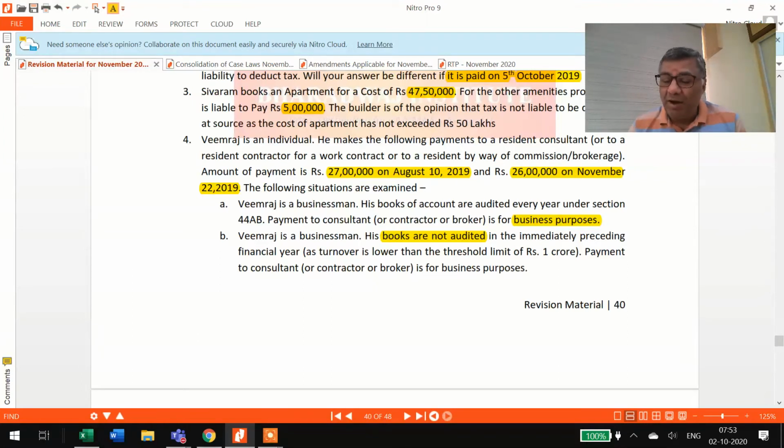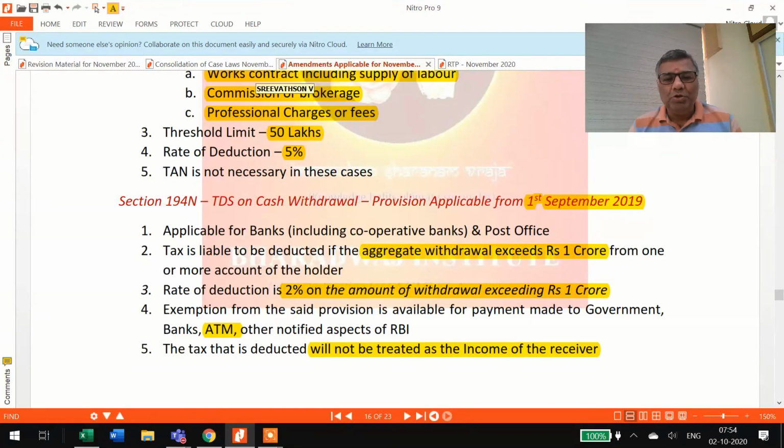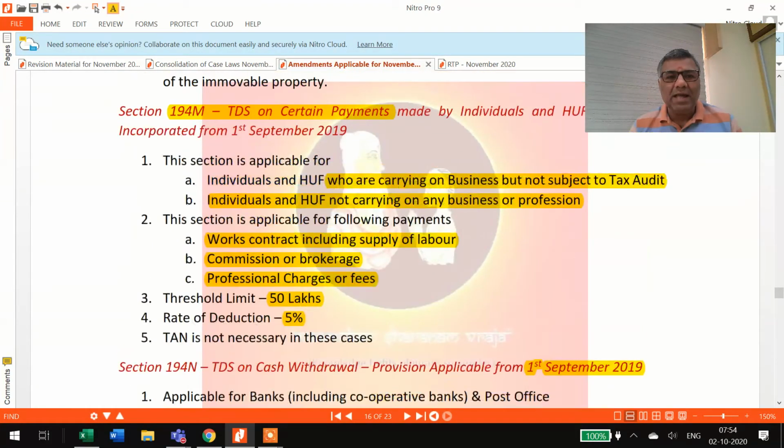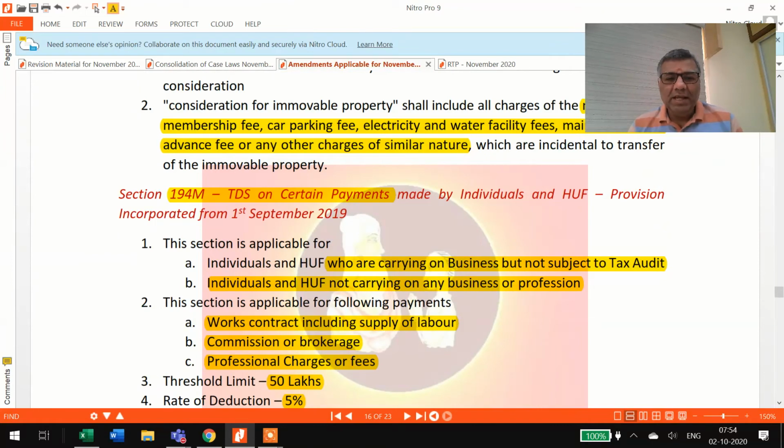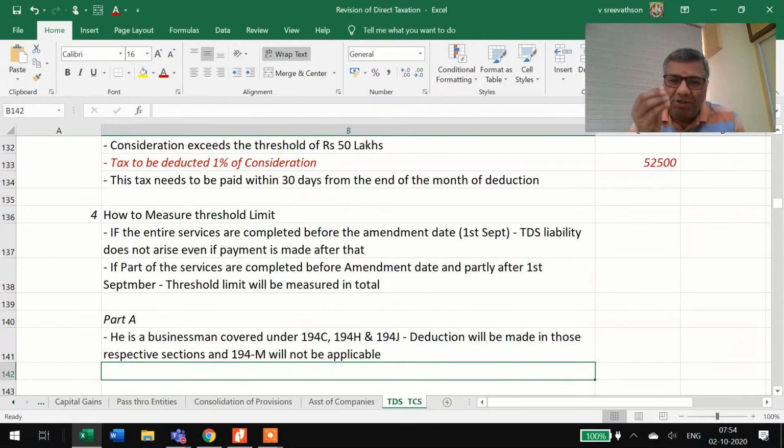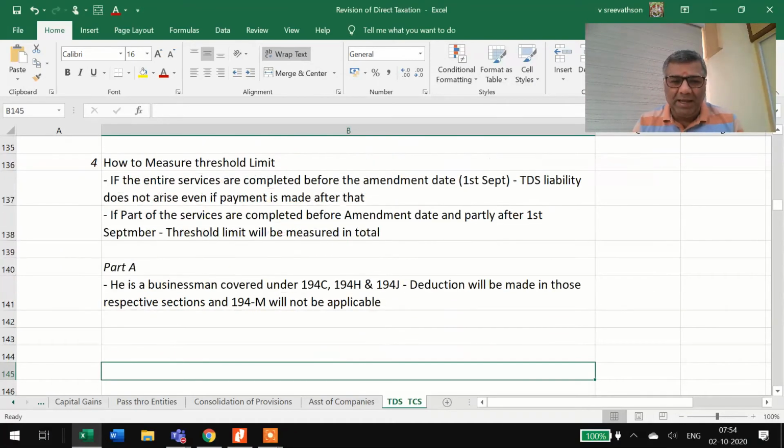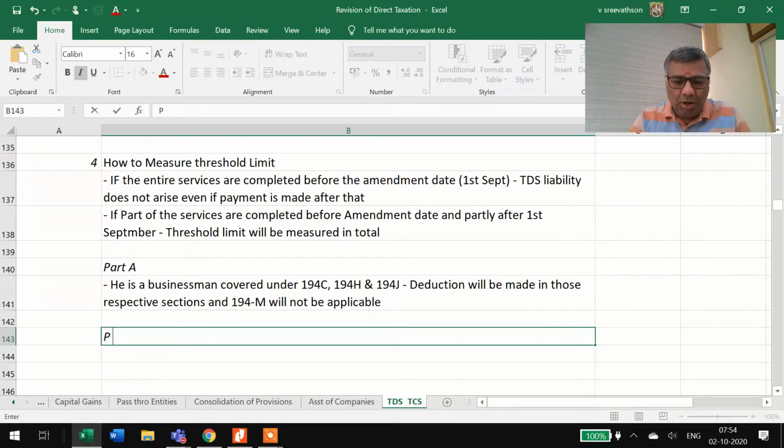It is for business purposes only. When I look into the amendment, you will understand, it is individuals who are now carrying on business but not subjected to tax audit who are also coming here. So, part B.